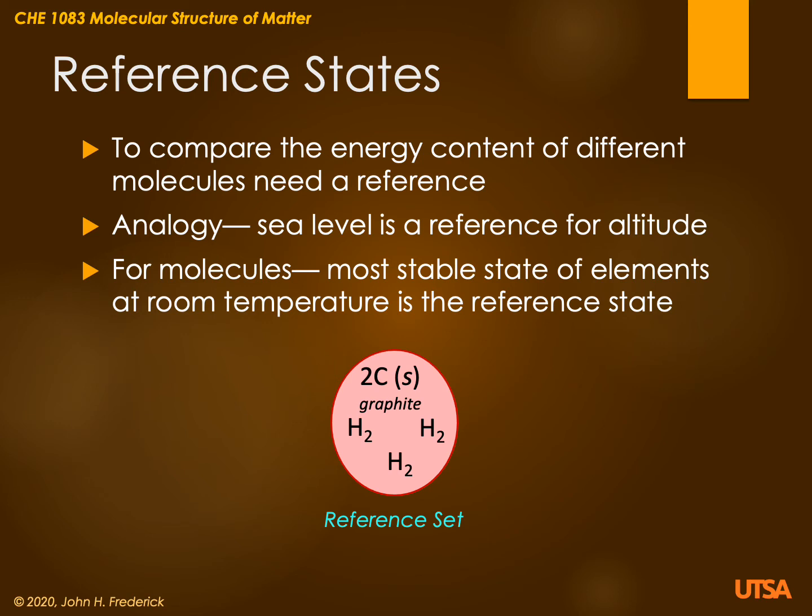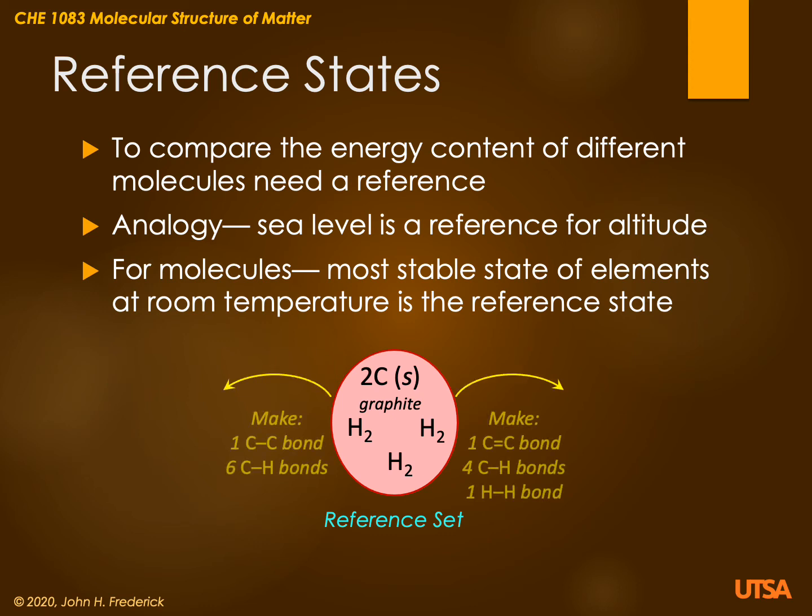Now let's suppose I've got here the reference set of 2 carbon atoms and a total of 6 hydrogen atoms. There's a couple of different ways that I could manipulate this set of atoms to create some different outcomes. For example, on one hand, I could make 1 carbon-carbon bond and then fill in 6 carbon-hydrogen bonds.